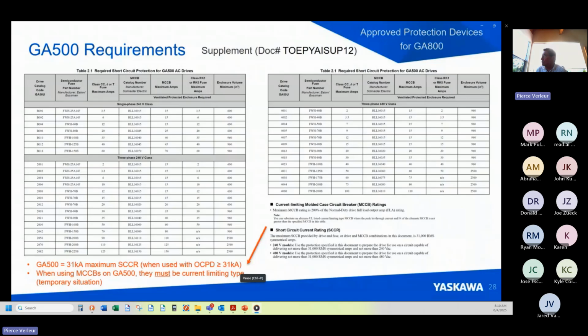The specific type of MCCB that needs to be used at this point in time is a current limiting type. So please read the notes on that. We always suggest a current limiting type of circuit breaker, but in the case of the GA500, presently, that's what it needs to be. But we are doing additional testing to hopefully remove that restriction in the near future.